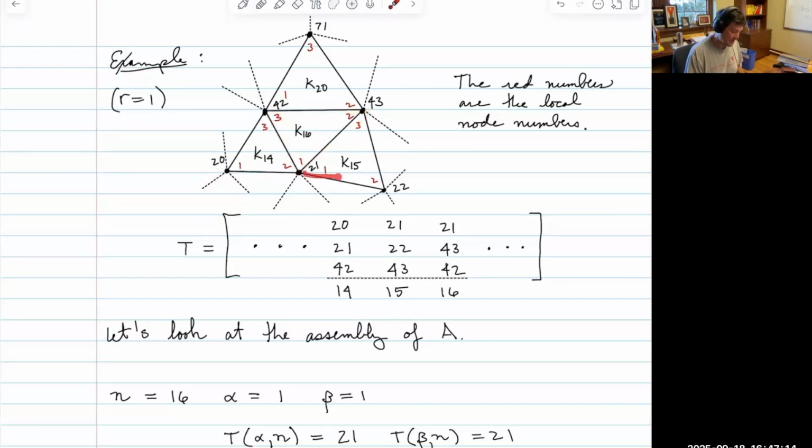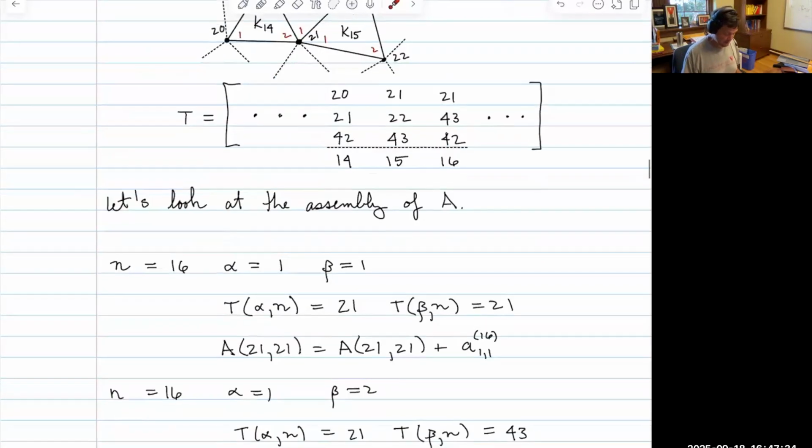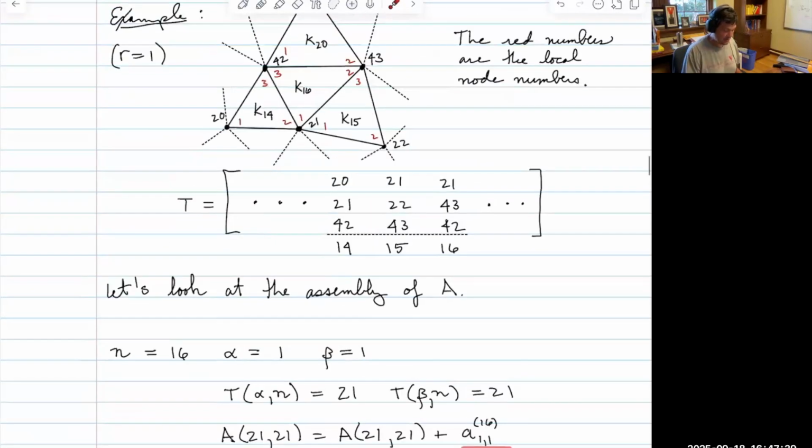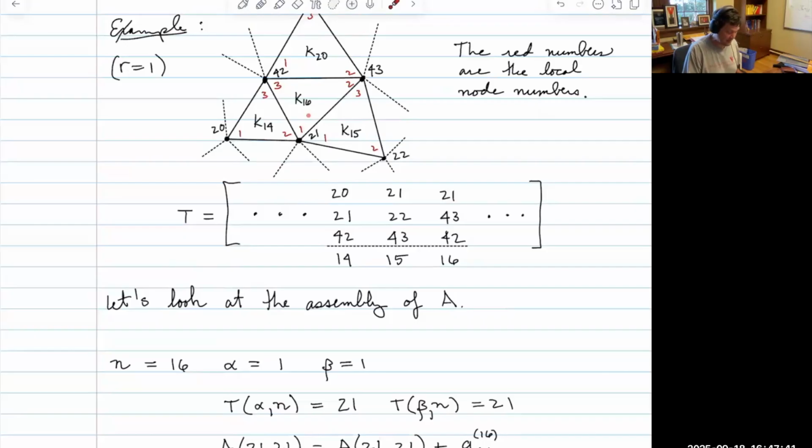So we're not doing K15 yet. That's in the support as well. And K14 is in the support for 21,21. We're only adding in the contribution for 16. We previously added in the contributions from 14 and 15, and presumably these triangles as well. So there's something already in there, right? It's already buried in there. We're now adding in the contribution coming from 16. We've already added 14, 15, and these guys as well. So now we're adding in the last contribution for computing this A21,21.